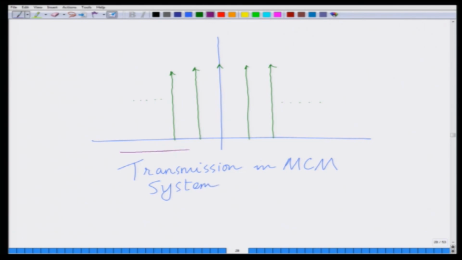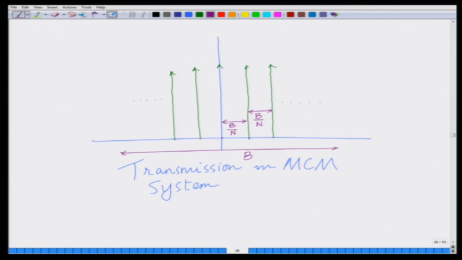As we already said, in a multi-carrier modulated system, I have a large bandwidth, which is B, and I am dividing it into sub bands, each of bandwidth B by N. So, the spacing between these sub bands or the sub carriers is B by N. At each sub band I am placing a sub carrier.